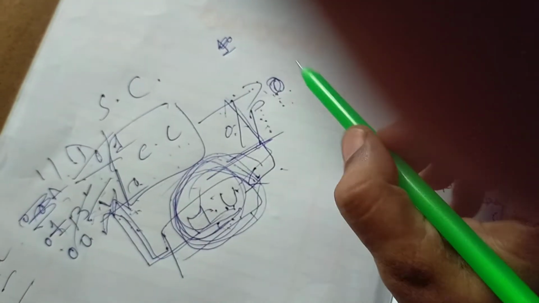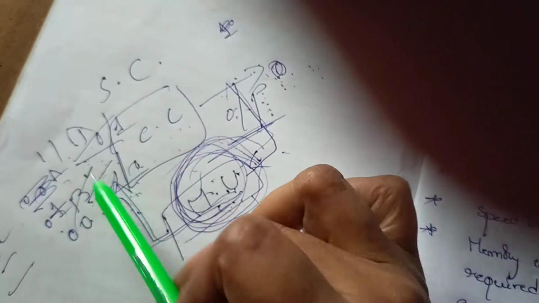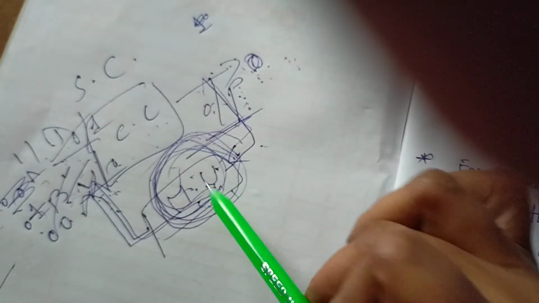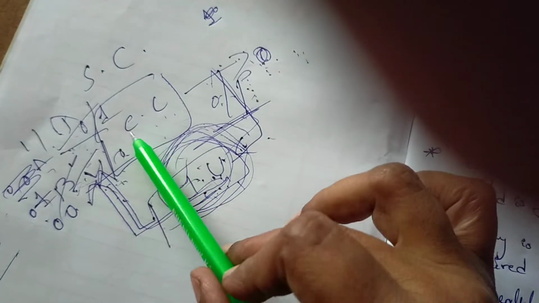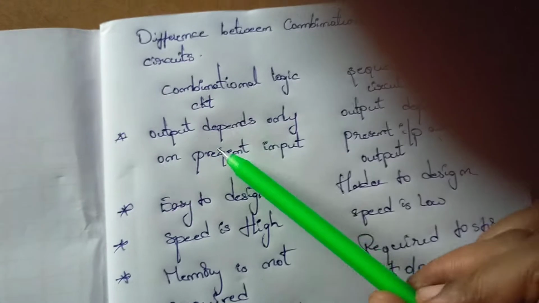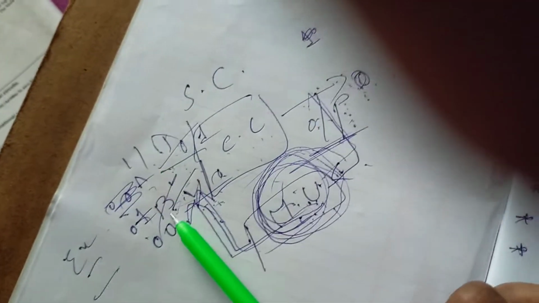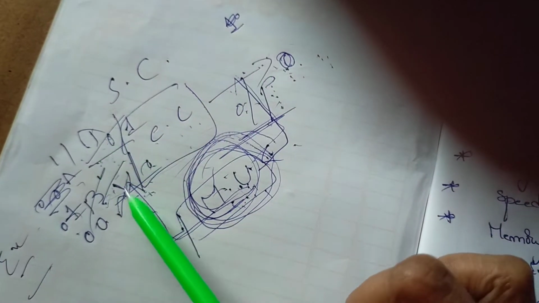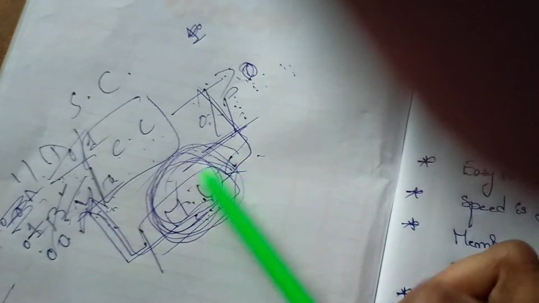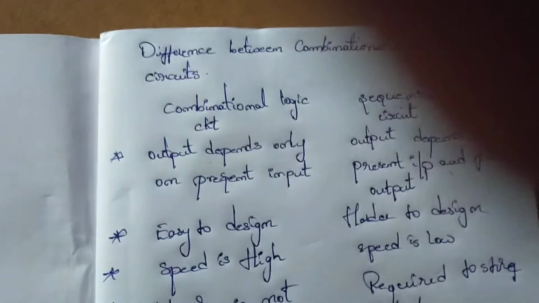So now my output depends upon present inputs and previous outputs. This is the basic difference between combinational and sequential circuits. In combinational circuits, output depends upon the present inputs, but in sequential circuits, output depends upon the present input and the previous output. The first difference is that.